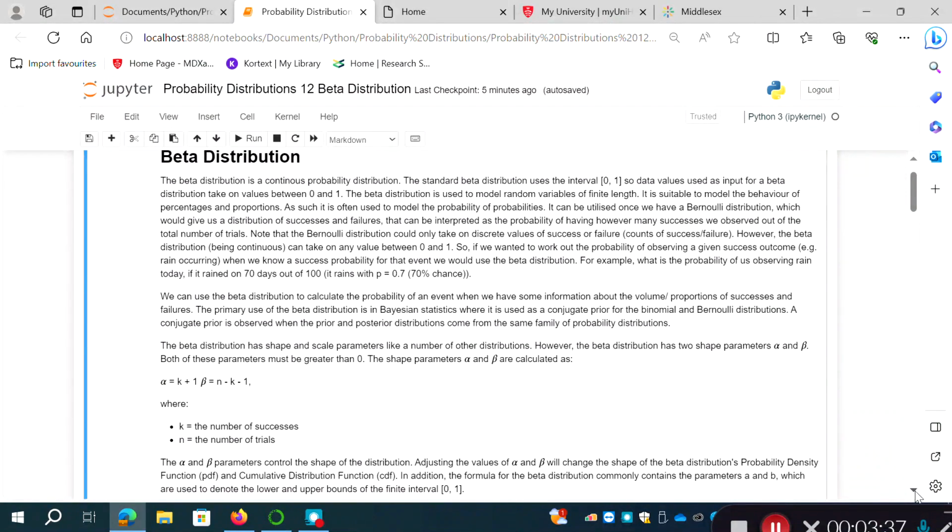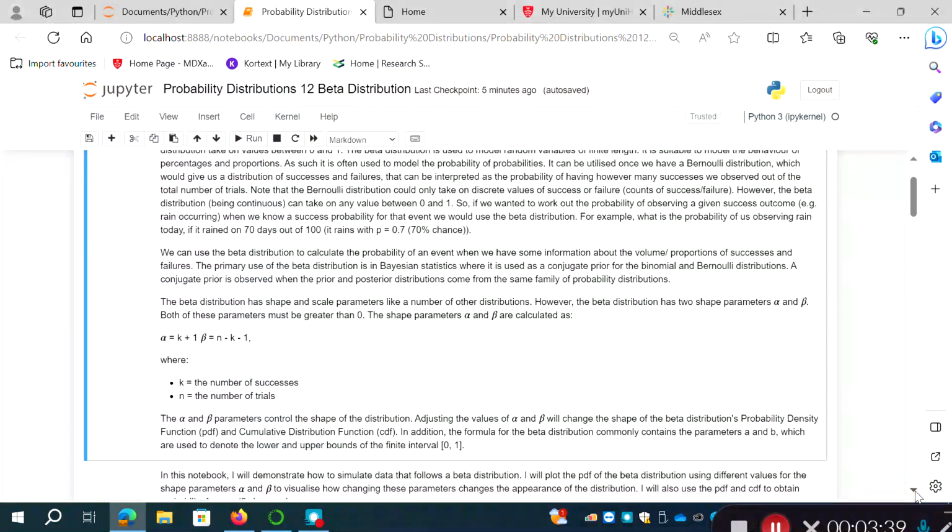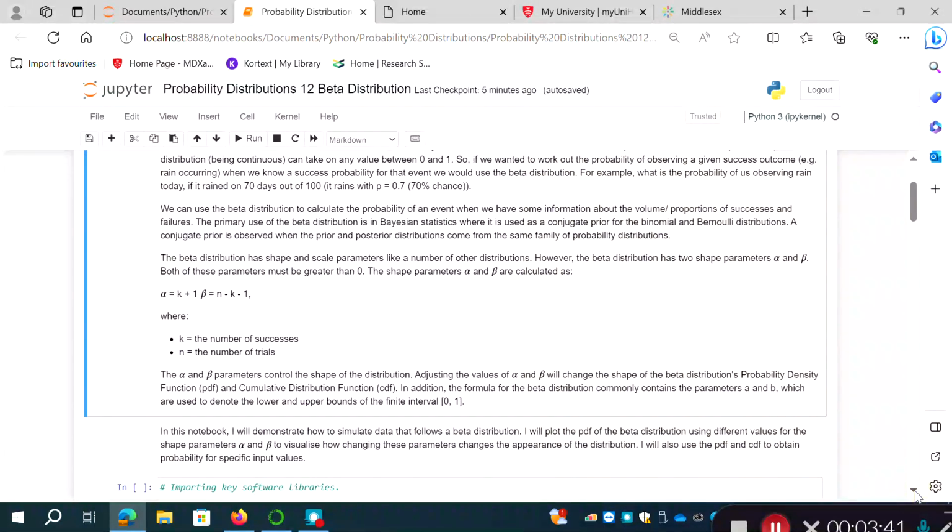Okay, so the alpha and beta parameters control the shape of the distribution, and adjusting the values of those alpha and beta parameters will change the shape of the beta distribution's probability density function, its PDF, and its cumulative distribution function, its CDF.